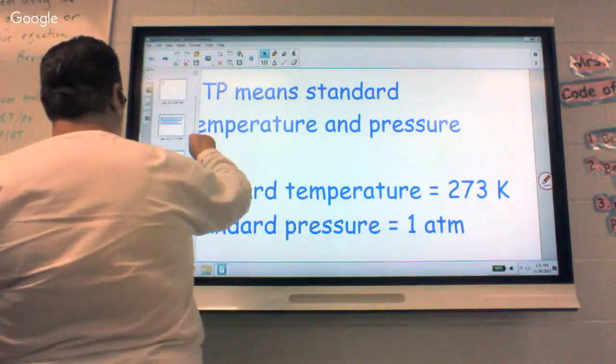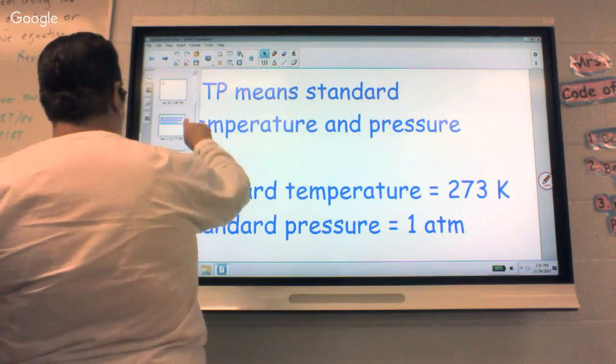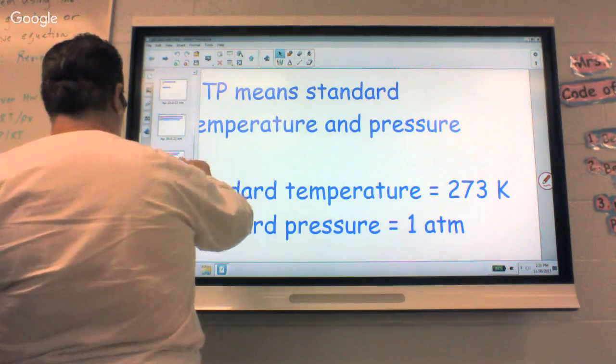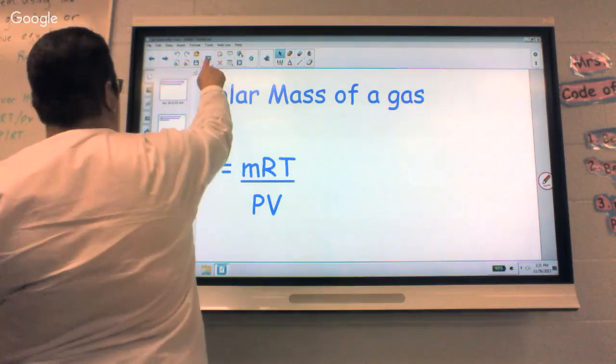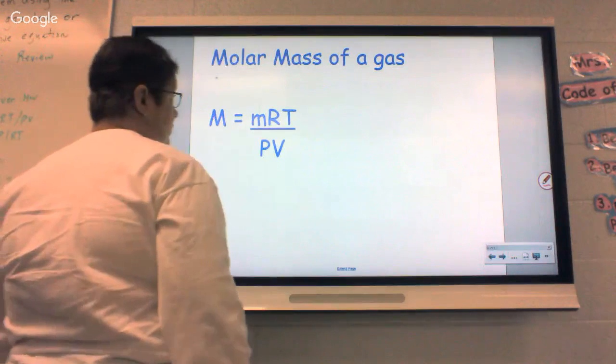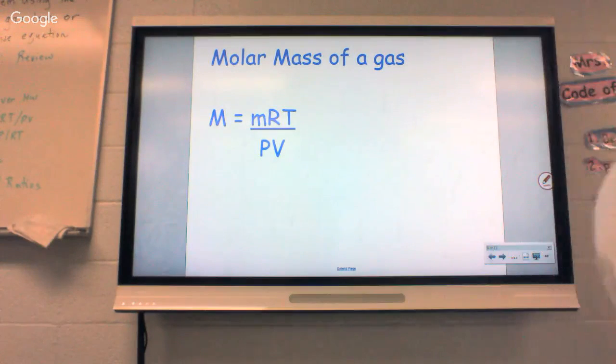Neither of these formulas is on your reference table. You will have to memorize both of these formulas. Neither one is provided. You will need both.